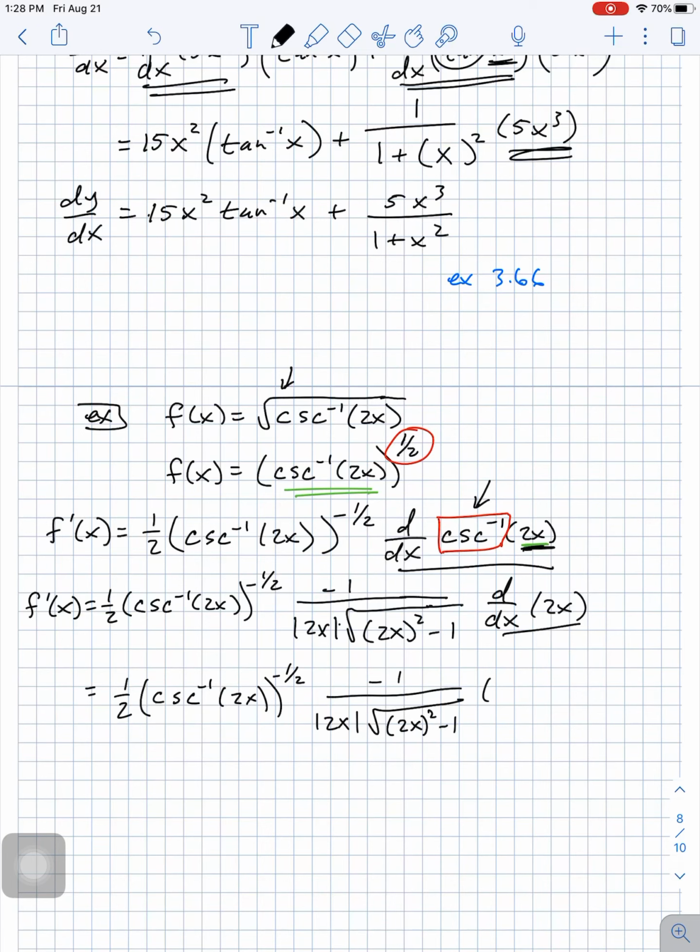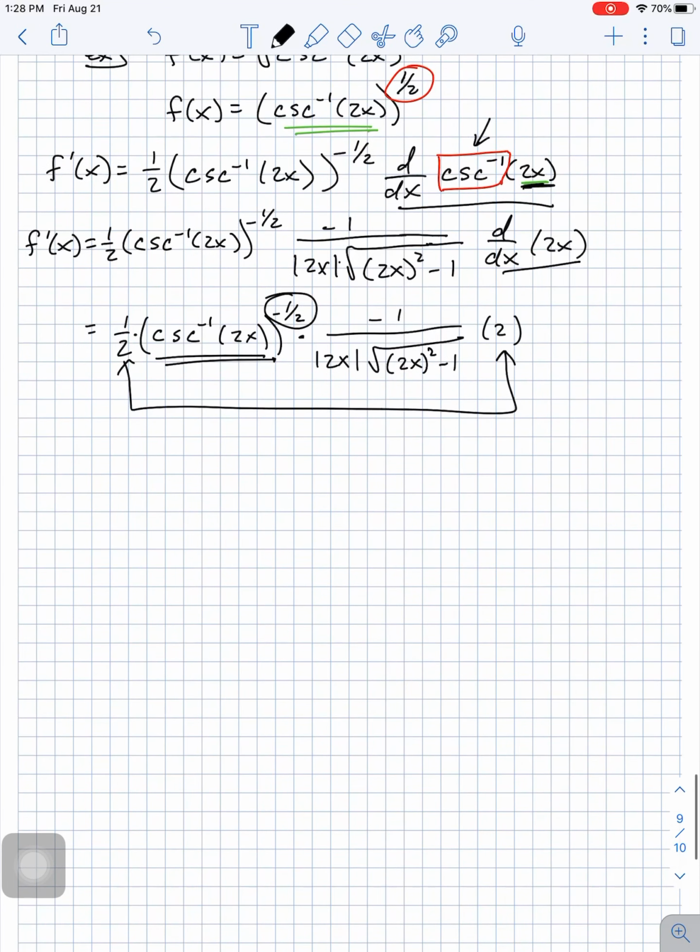Okay, the derivative of this is 2. And since this is all multiplied, you can combine in any order, and I just see these guys, okay, they cancel. And if you want to, you can throw this thing on the denominator because it's a negative power. If you don't, that's okay.